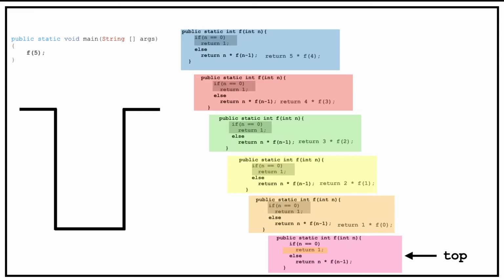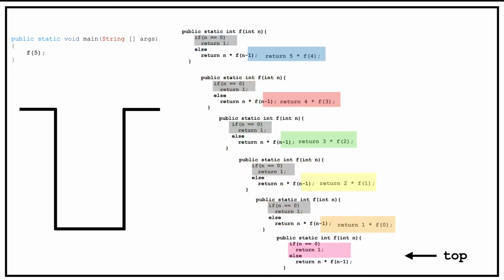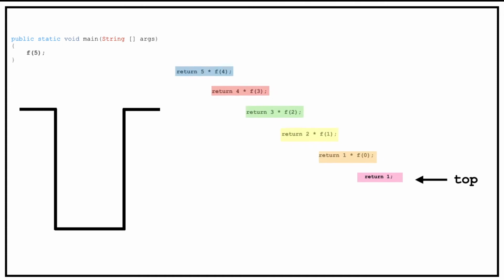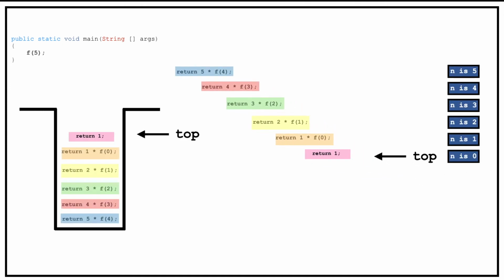And every time we pop will be a calculation. In reality, we only care about these return statements. Remember that we're waiting for previous activation records, from previous methods, to give back that value. So these activation records are stored in the stack in this particular order.